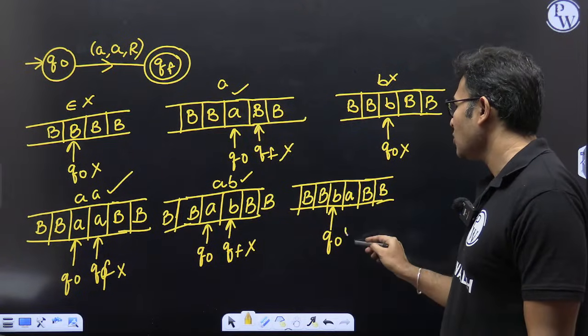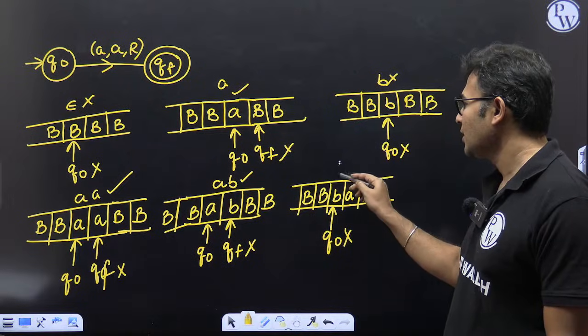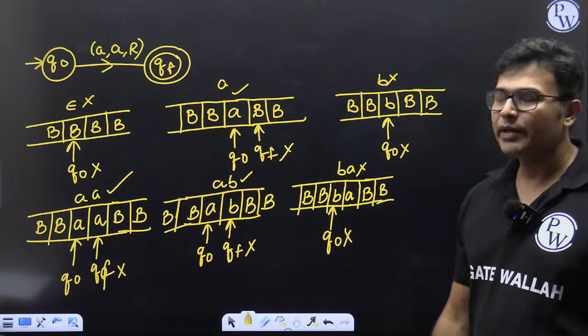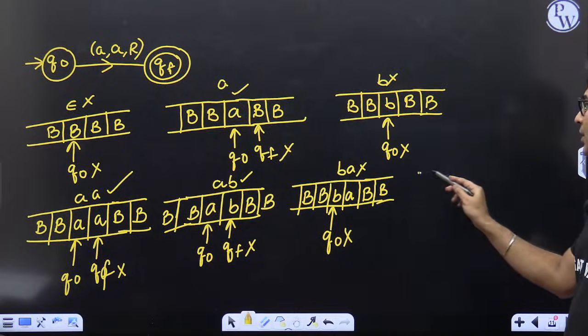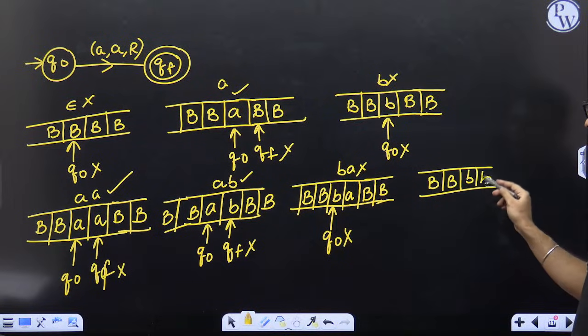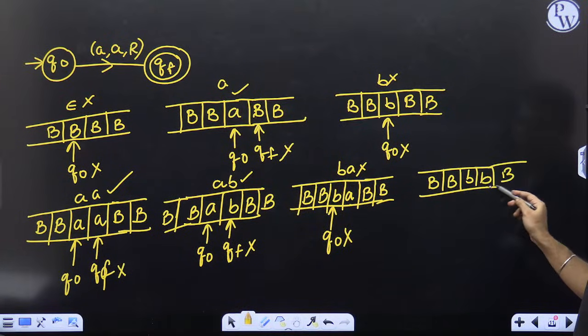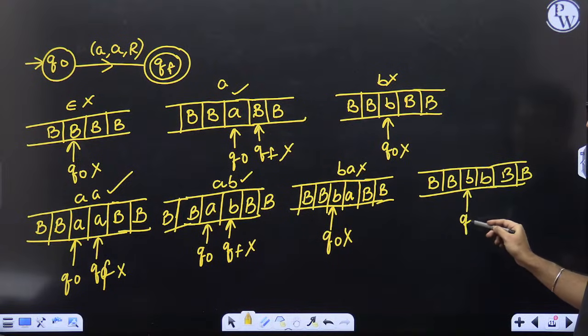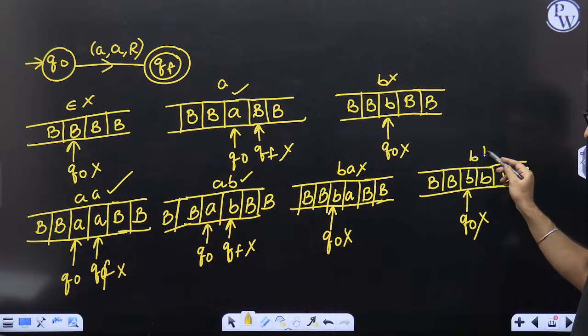So the machine will halt here in a non-final state. Therefore, BA is not accepted. Now let's see for BB. Blank, blank, B, B, blank, blank. Q0 on B is not defined, so the machine will halt here and BB is not accepted.